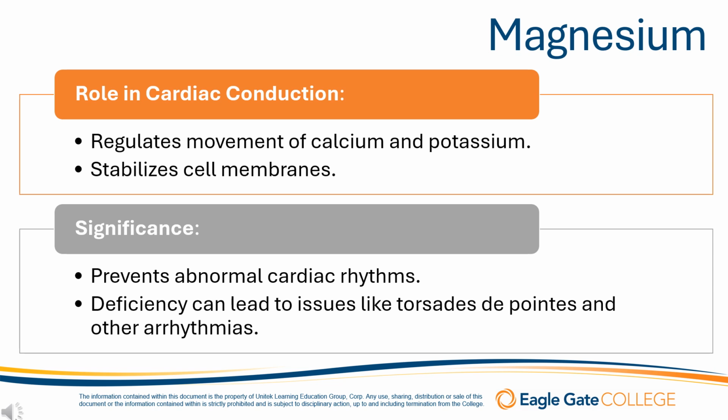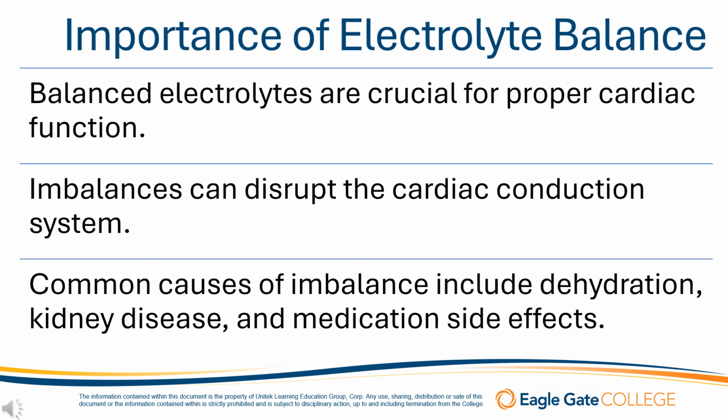Adequate magnesium levels help to regulate the movement of critical ions, stabilize cell membranes, and prevent abnormal heart rhythms, ensuring the heart functions efficiently. Balanced electrolytes are essential for the proper functioning of the cardiac conduction system. They ensure that the heart's electrical activity is coordinated and efficient, which is crucial for maintaining effective blood circulation throughout the body.